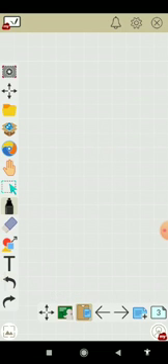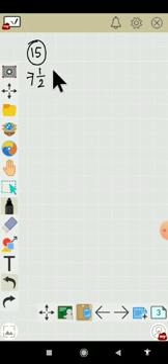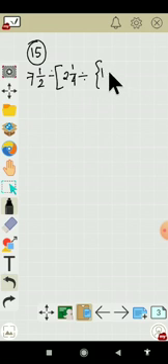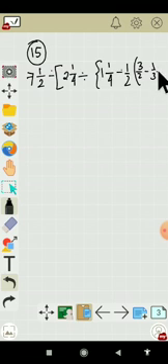Similarly, if we want to solve a question like this, 7.5 minus 2 1 by 4 divided by 1 and 1 by 4 minus half 3 by 2 minus 1 by 3 1 by 6.